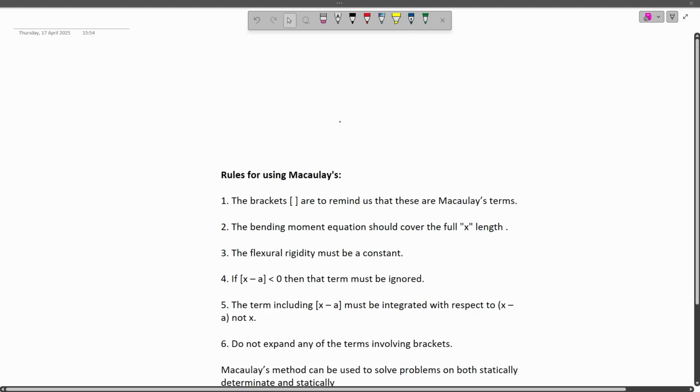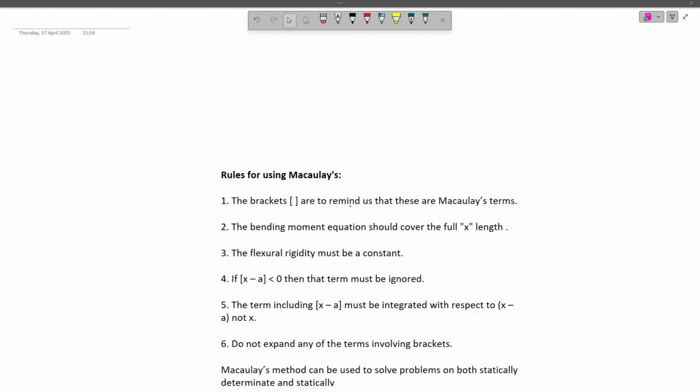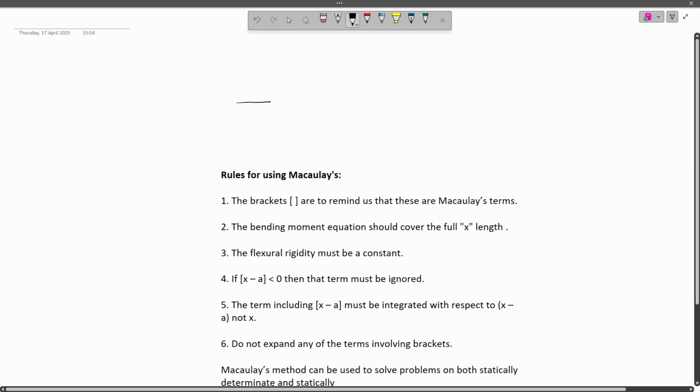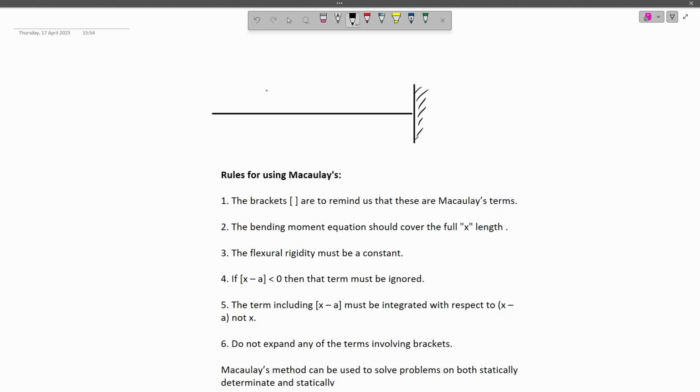The first rule states that the brackets are to remind us that these are Macaulay's terms. Now, let me throw a simple example. Let's assume we have a cantilever. We have a point, a force acting.